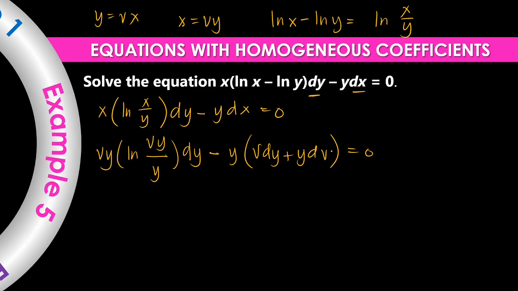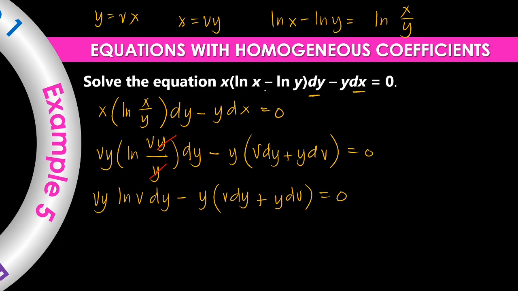So if it's possible to simplify, then simplify. So here, y in the denominator and in the numerator will cancel, leaving us with vy times ln of v multiplied by dy minus y times v dy plus y dv equals 0.